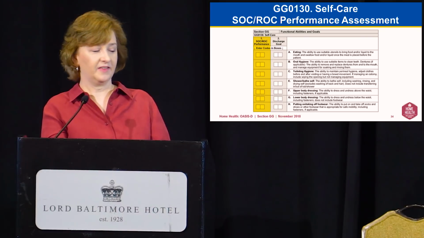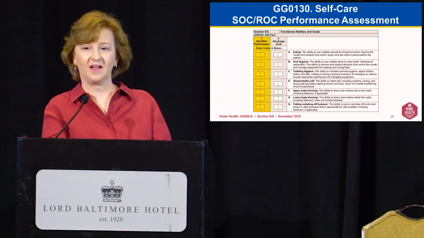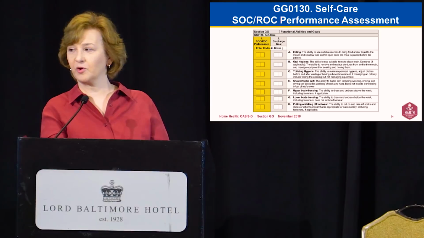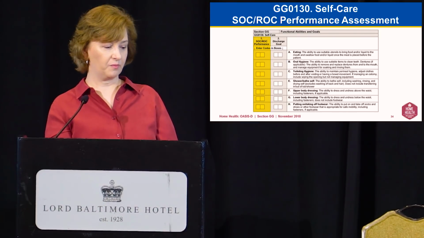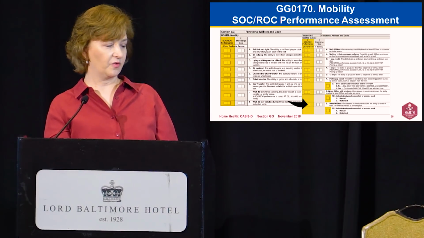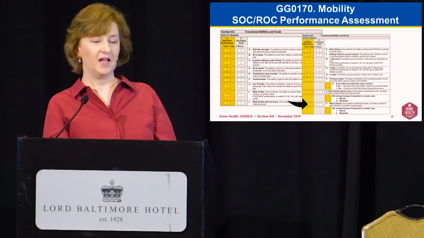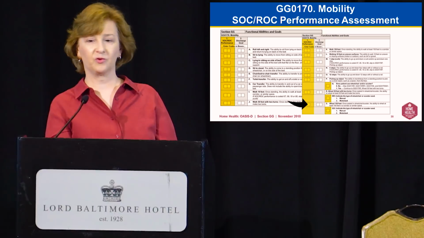If you look at the OASIS-D, this is what the self-care performance area looks like, and you see highlighted in yellow the performance column. The second column is where the discharge goals would be reported. These are the mobility items, which span two pages, and the first column again is performance and the second column is goals.